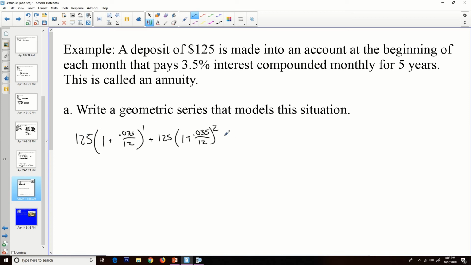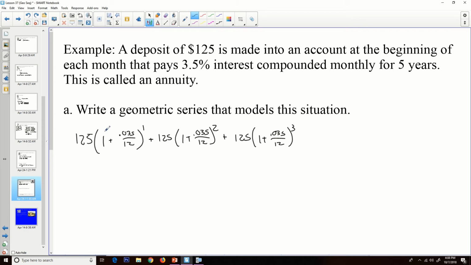Now, the third month starts. You put in $125, and the $125 that you put in at the beginning of the first month moves over and becomes 1 plus 0.035 over 12 to the 3, since it's been calculated for 3 months.